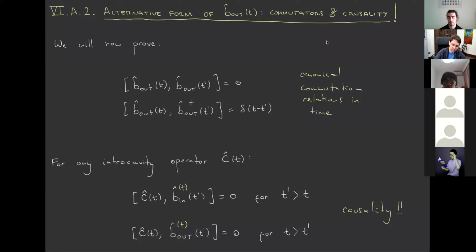okay, imagine the following situation. Imagine that you forget about the system for a second and you care only about the environment. Then what you have is that you know the input of your environment and you want to know the output. So in that sense, the input is defined at a certain time.